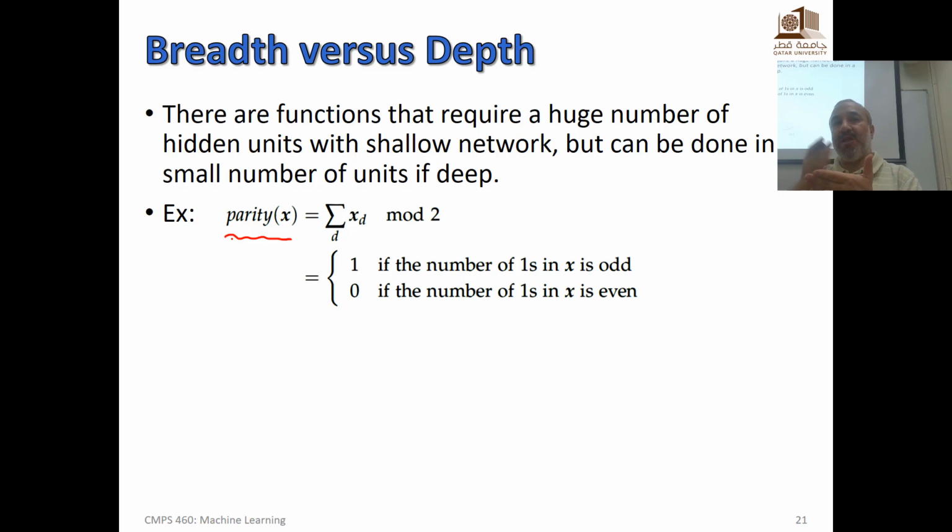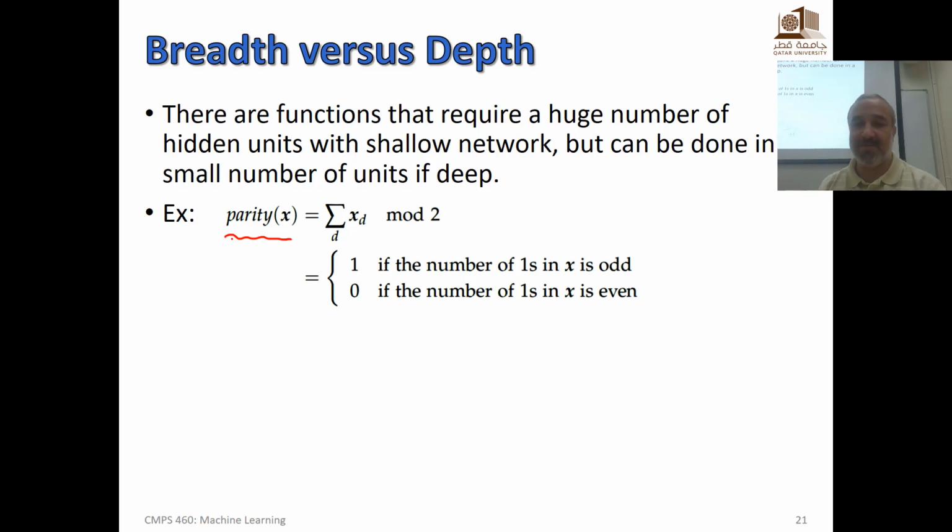While if you allow deeper networks, it will be just a linear number, order of n units only. If the input is like 100, then I will need just order of 100 nodes overall in the network as a whole, if I allow more layers.